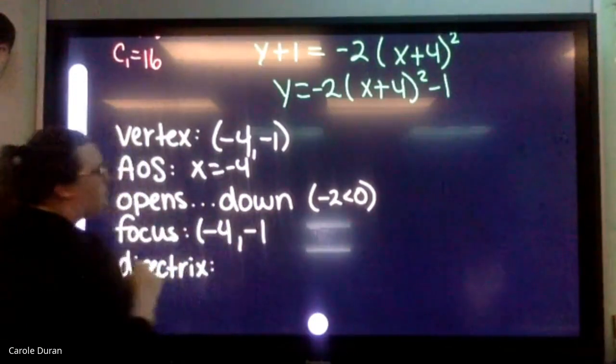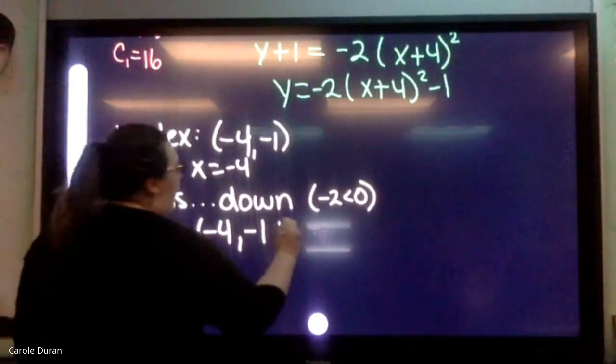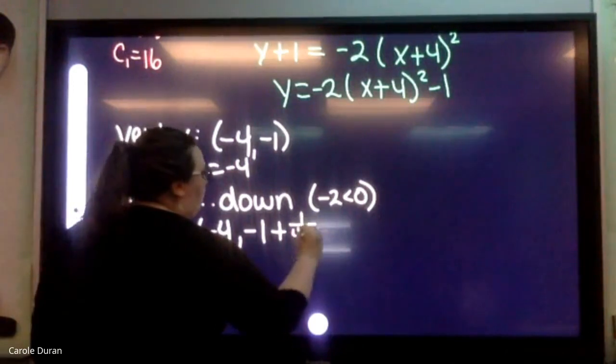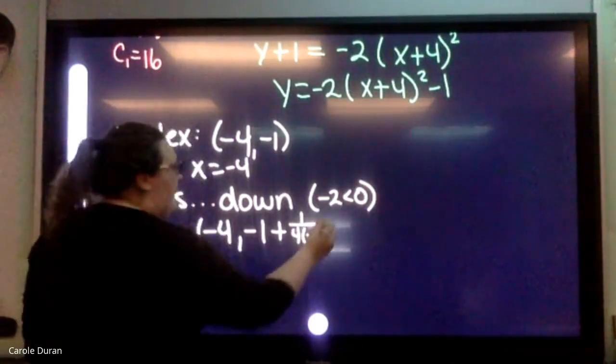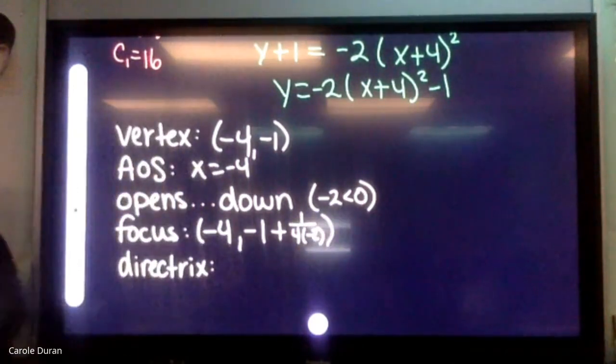And I'm going to take my y value and add to it 1 over 4 times my a value of negative 2. And then, of course, we're going to simplify that.